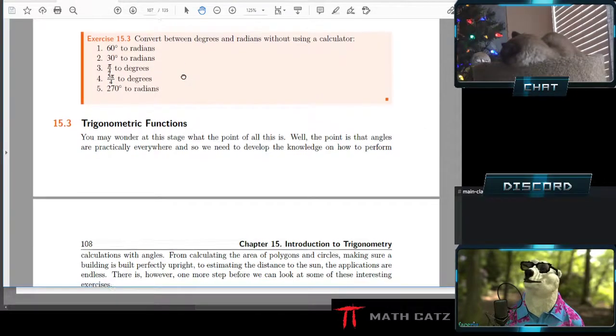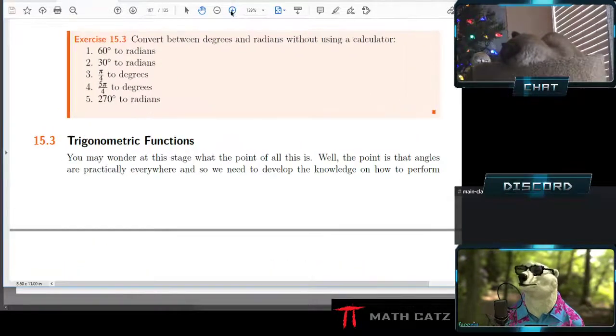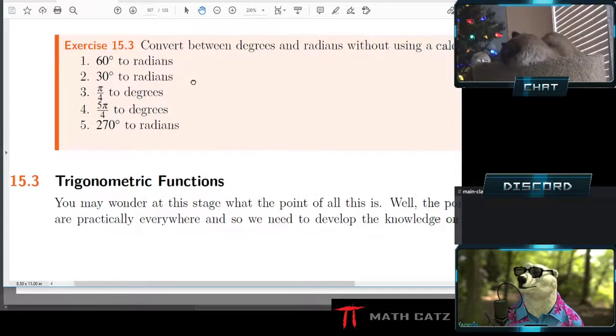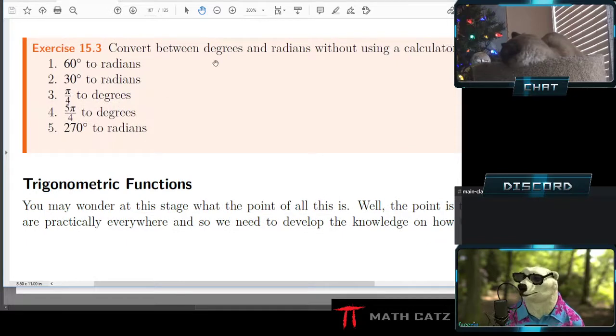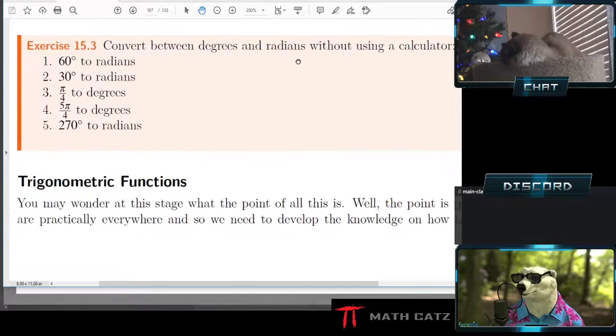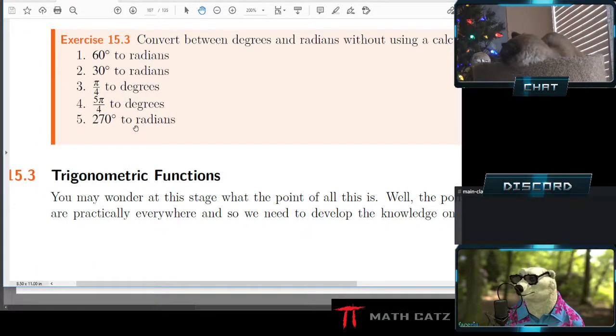So let's go to our book. Let's zoom it in. There we go. And we want to convert between degrees and radians for these. So you see here, some are in degrees, and I want to convert to radians. Some are in radians, I want to convert to degrees.